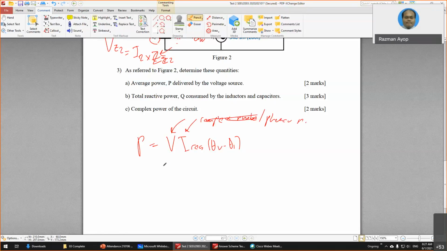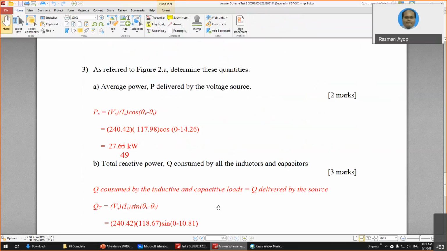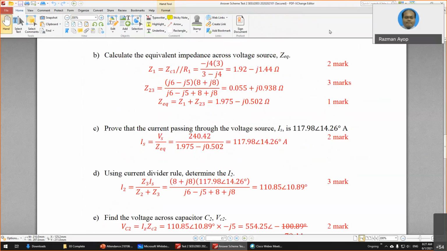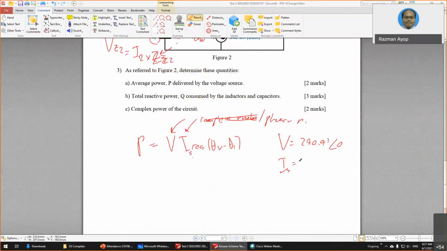So V is 240.41, angle 0, and IS you already calculated, is 117.98, angle 14.26. So you just take the magnitude, don't take the angle, the angle you just leave it.